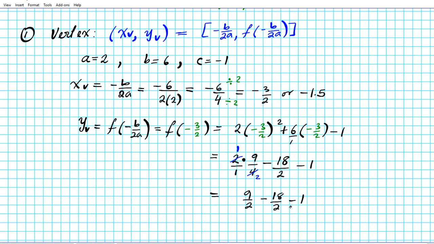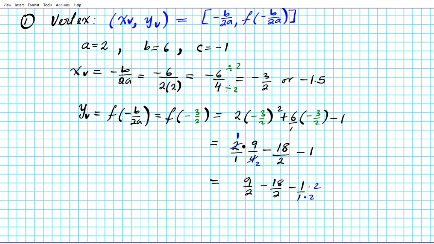Now when you're adding or subtracting fractions, the denominators must be identical. The first two fractions have identical denominators. We need to work on this constant, negative 1, by expressing it as negative 1 over 1. Now we'll multiply this by 2, top and bottom. We're now going to have 9 over 2 minus 18 over 2 minus 2 over 2.